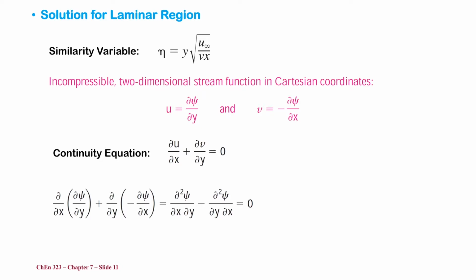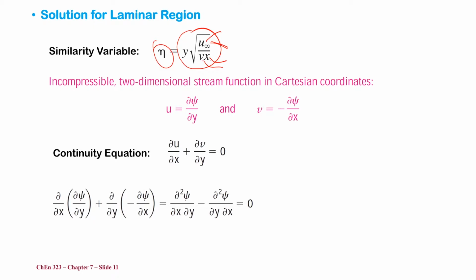The solution of these coupled differential equations can be obtained by using the similarity approach that we discussed when analyzing semi-infinite objects. So this is the equation here. This is eta, the similarity variable, and it's a function of bulk velocity and kinematic viscosity, which is a constant.